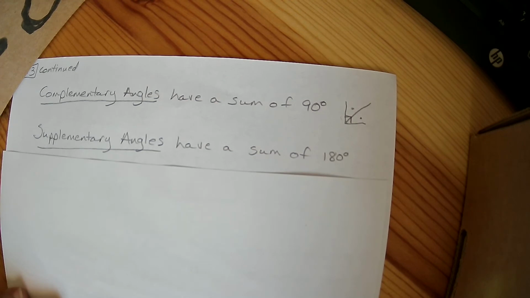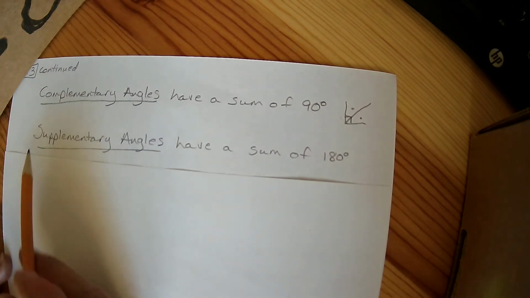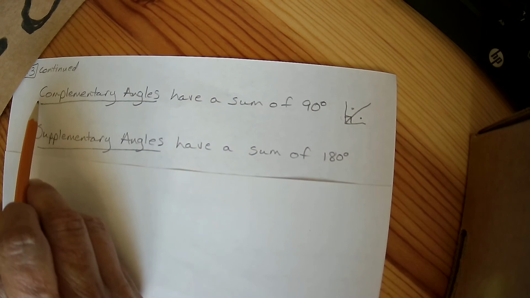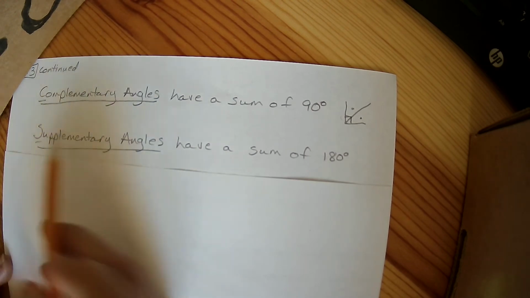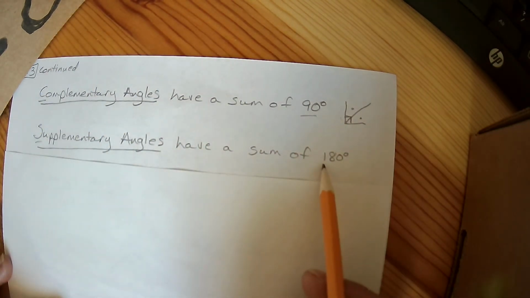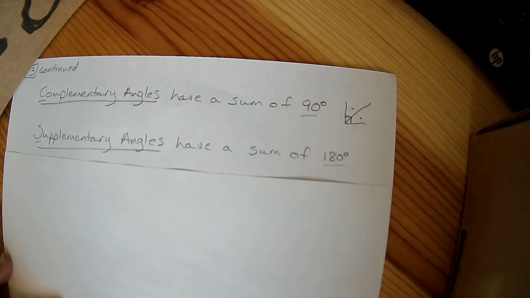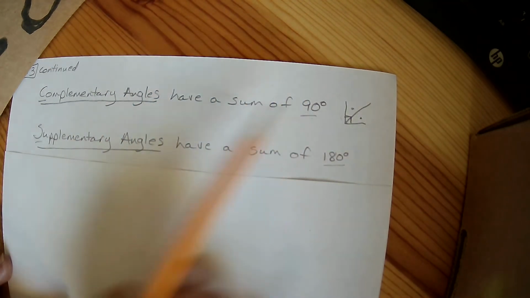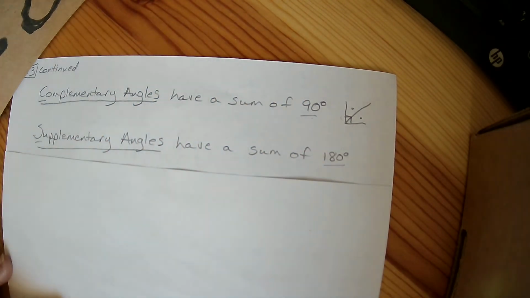Supplementary angles have a sum of 180. One trick I used to use when I was a kid to remember: C comes before S in the alphabet, 90 comes before 180. So complementary angles are 90 degrees, supplementary angles are 180.